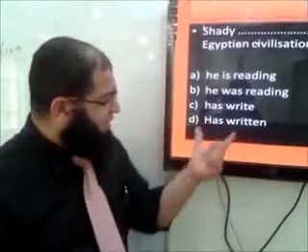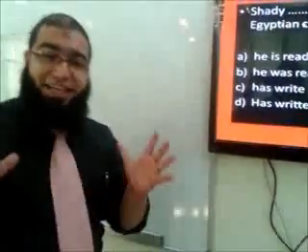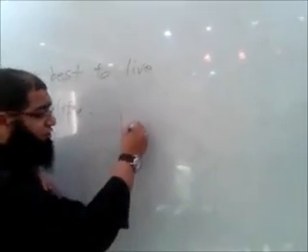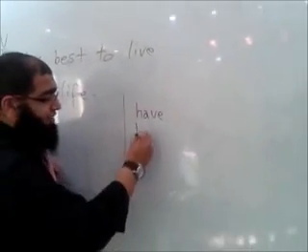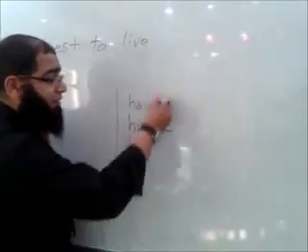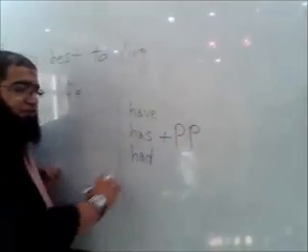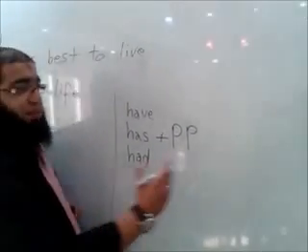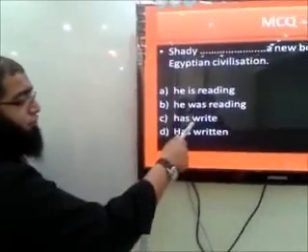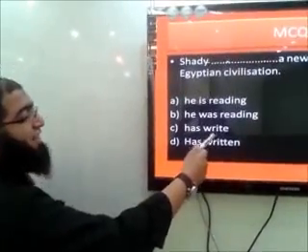Someone might say, these are two verbs. Yes, they are two verbs. Actually in English, and I want you to look at the board a little bit, when we use have, has, and had, the verb that comes after them is going to be the past participle, the third form of the verb. But I don't have this here, because in order for this to be one verb, I've got to say "has written."